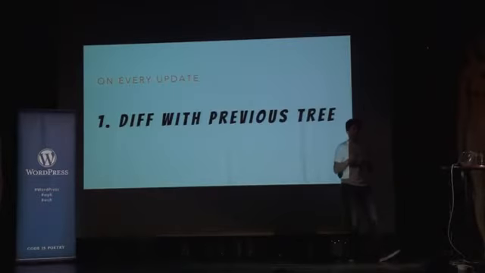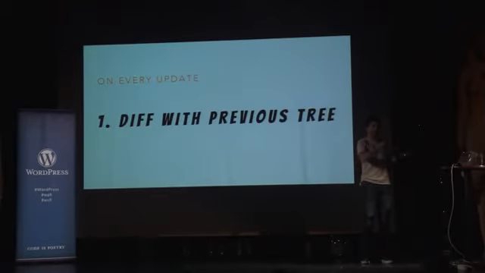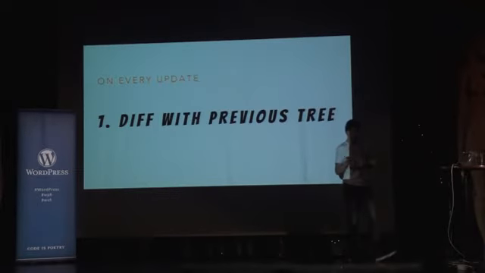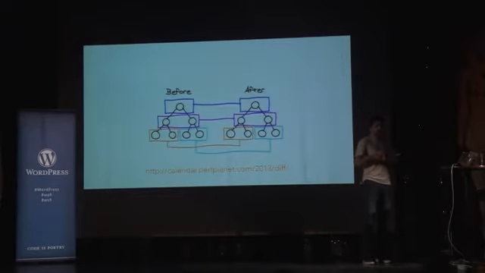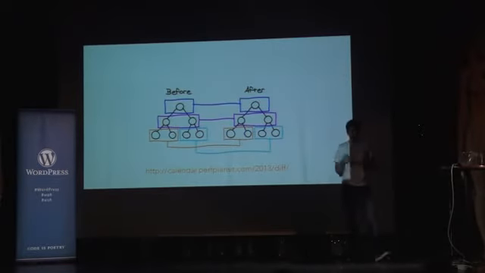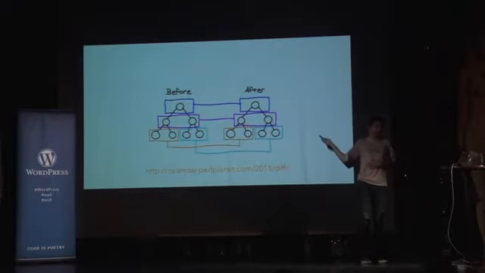Then, React keeps the previous version of this component, and it makes a diff. It calculates the difference between those two trees and sees, oh, is there any change? And if there isn't any change, it just doesn't do anything. But let's say they added a new div tag here.